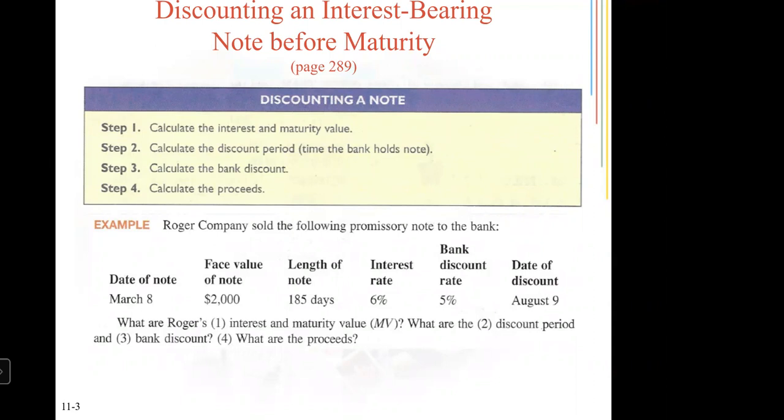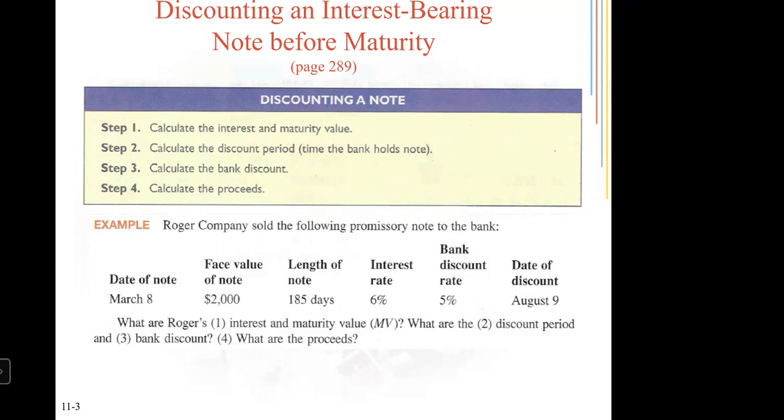Then you need to find out how much time the bank is going to hold the note for, and work out the discount, how much the bank is charging for the note, and then how much you will get after the bank takes out their discount, which would be the charge.